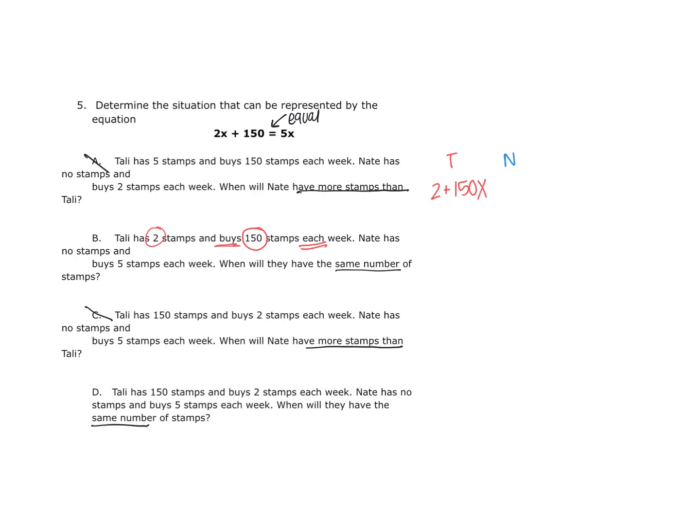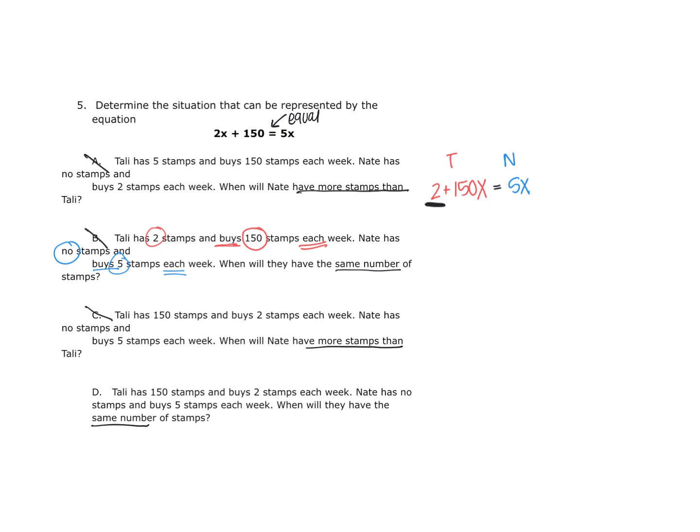Nate has no stamps, so he's starting with a constant of 0, which we can write or leave off. And Nate buys 5 stamps each week, meaning 5 times x. The question's asking when will they have the same number of stamps, so we can add an equal sign, and we see that while we have the right numbers in the right spots, 2 isn't the number being multiplied, so B is not our answer.